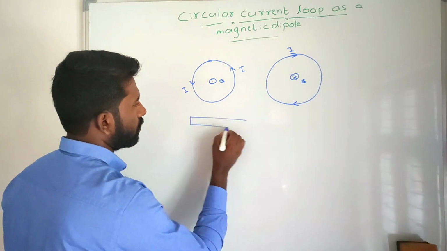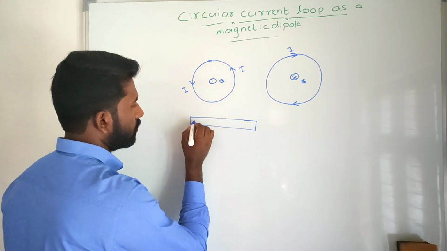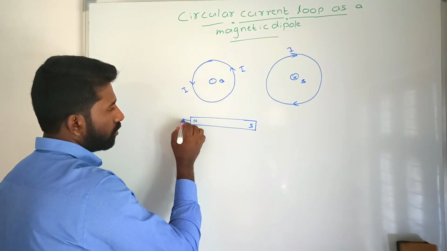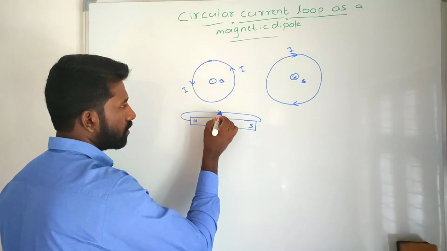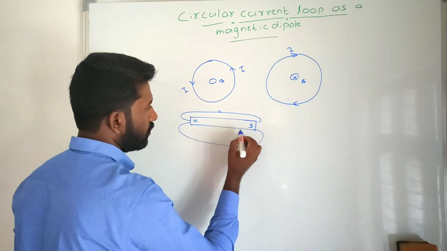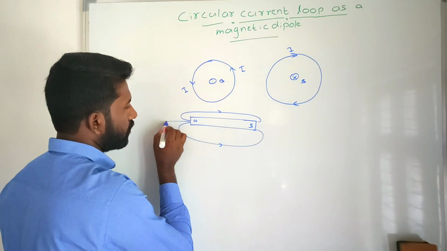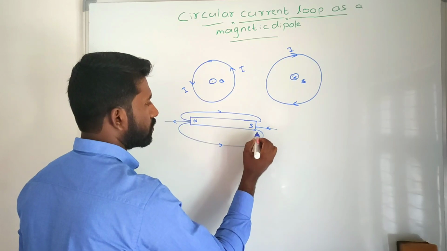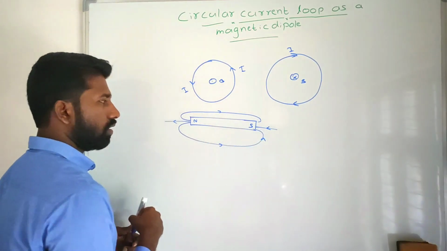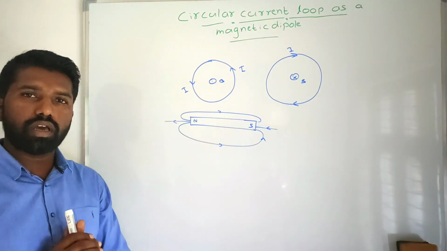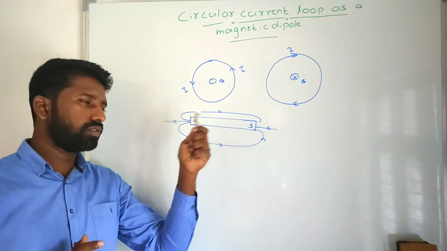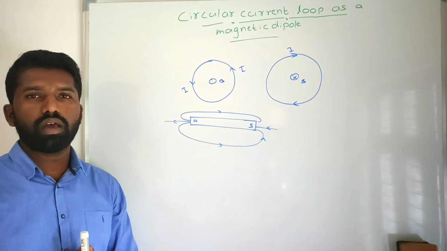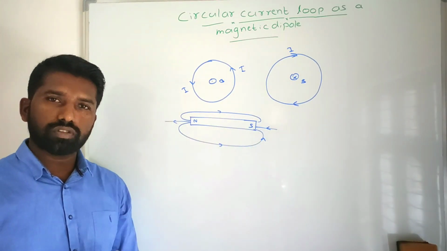And consider a magnet. This is a magnet, north and south. From the north pole, the magnetic field line comes out and ends at the south pole. You look at here, the magnetic field line originates from a pole, that pole is the north pole, and the magnetic field ends at a pole, that pole is the south pole.